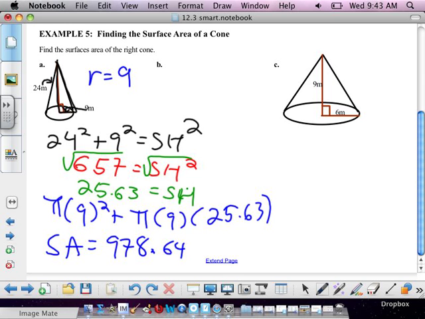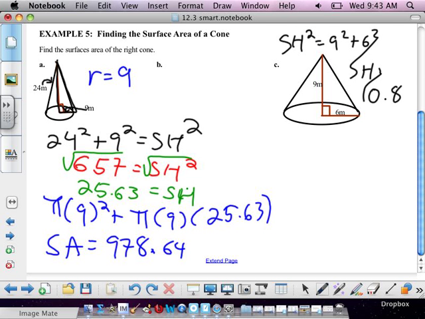So for this one right here, we've got slant height squared equals 9 squared plus 6 squared. So the slant height then equals 10.8. That's my slant height.